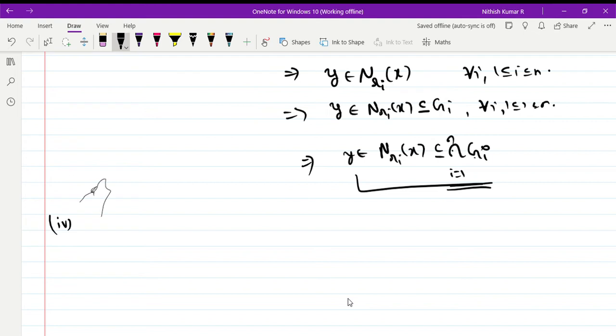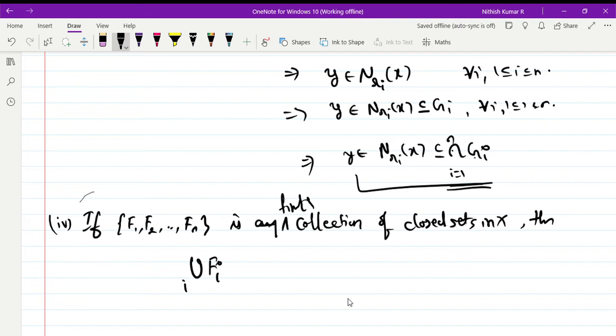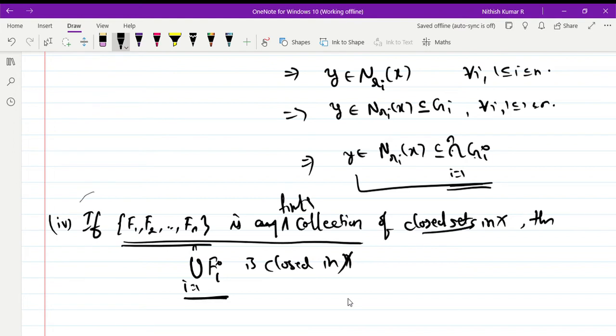If a collection F1, F2, and so on up to Fn is any finite collection of closed sets in X, then the union of Fi, i from 1 to n, is closed in X. That is, given a finite collection of closed sets, its union, that is, the finite union of closed sets, is closed.